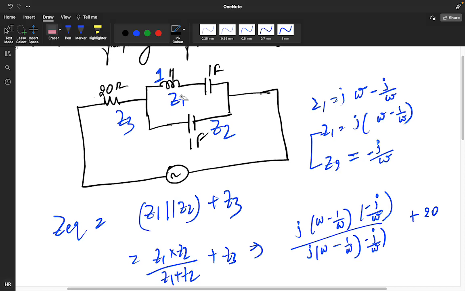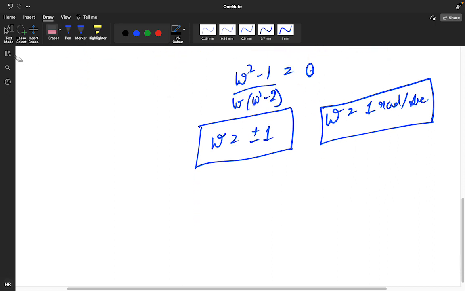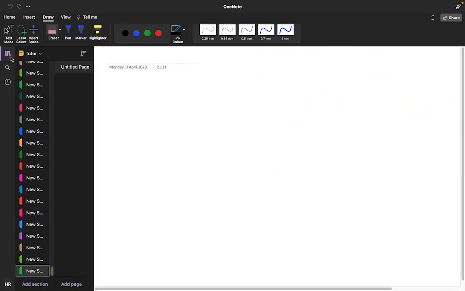Is this clear for everyone? Okay, so if it is clear, then go for the last question for the resonance.